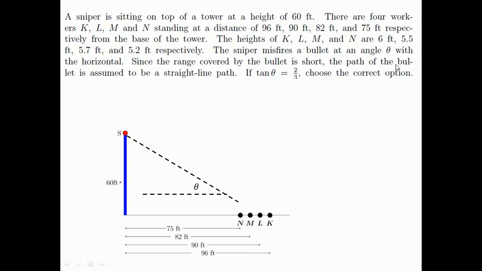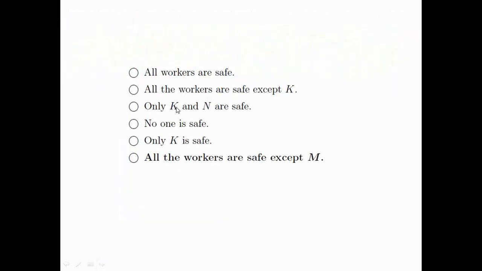And since the range covered by the bullet is short, the path of the bullet is assumed to be a straight line. Now, tan theta is given to be 2/3. Then we have to select which of the options are correct from the given options. These are the options given to us. We will try to solve this problem now.